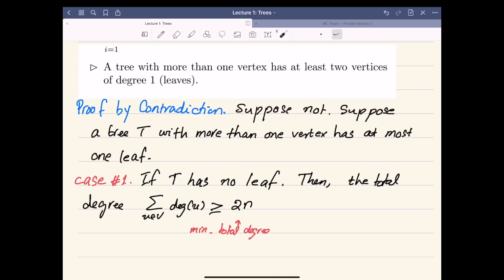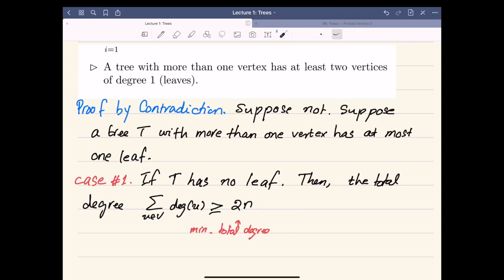Because if we don't have a leaf, and also we don't have a vertex of degree 0, because remember the tree should be connected, so we don't have a vertex of degree 0, so the degree will start from 2. So if all of them are of degree 2, then the total degree will be 2n, and this is the minimum total degree.